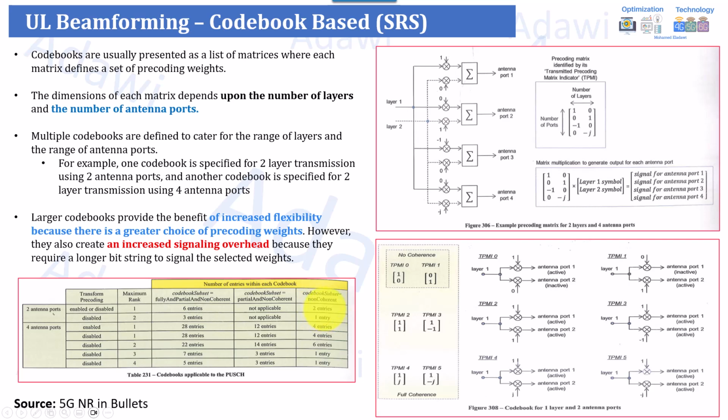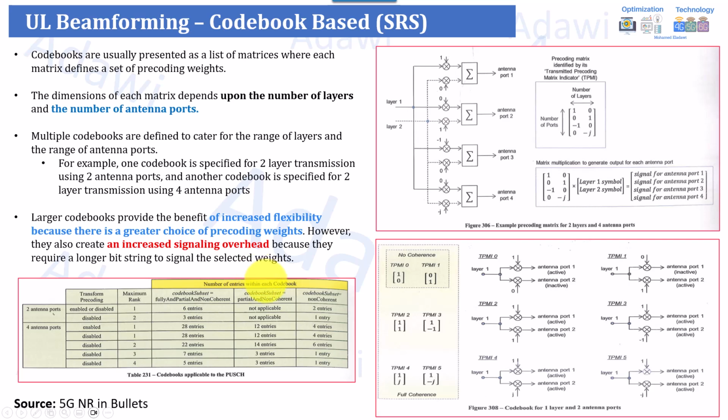I will explain the coherent part because this is very important information. If you look in here, the higher the number of ports and the higher the number of layers, the more entries we will have. And also, based on the capability, you will have more entries. For example, here you have 22 entries, while for the same combination, if the antenna is not supporting full or partial coherent, non-coherent only, the number of entries will be reduced.